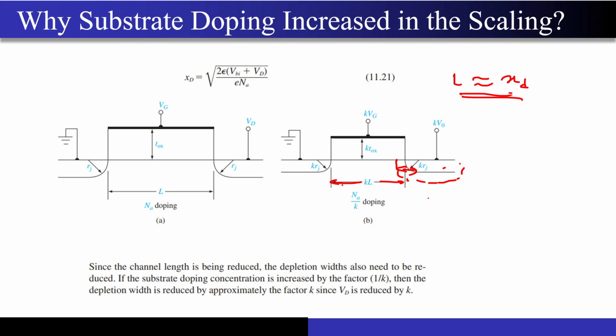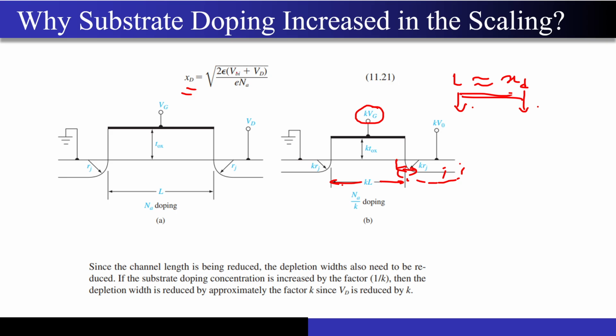Now I want to make sure that the depletion region will be created only because of the application of the gate voltage and not because of the source and drain junctions. So if I scale down the factor L, I also have to scale down the depletion width that is present around the source and drain region. Now what is the formula of depletion width? It is nothing but the same formula as for the PN junction.